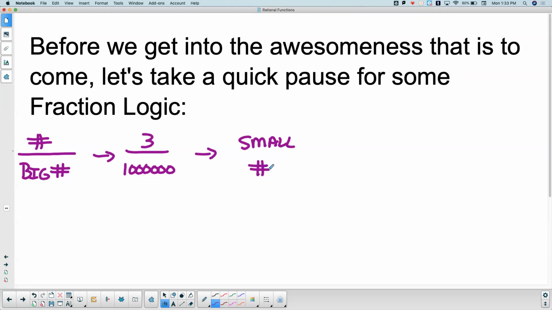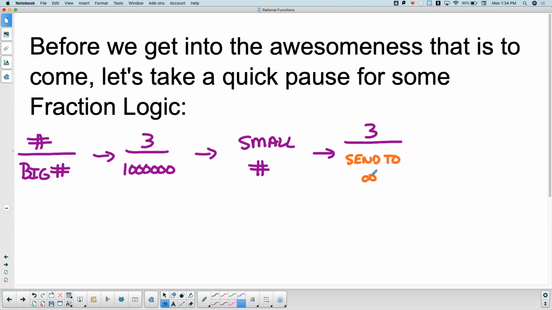Here's where the logic part comes in. What happens if that denominator number, my big number, gets bigger? What would happen if I make that go to infinity?